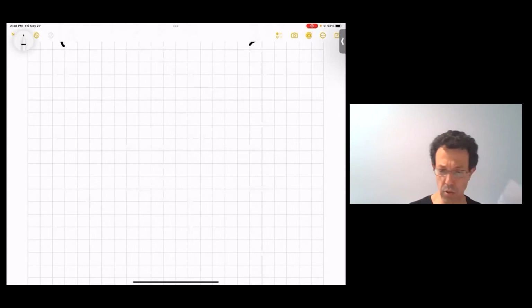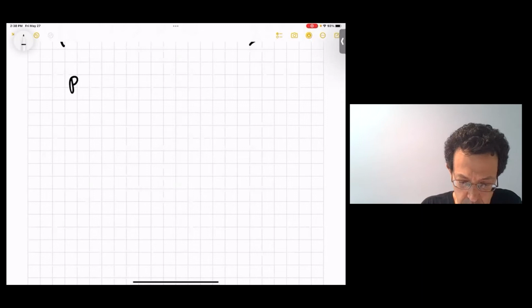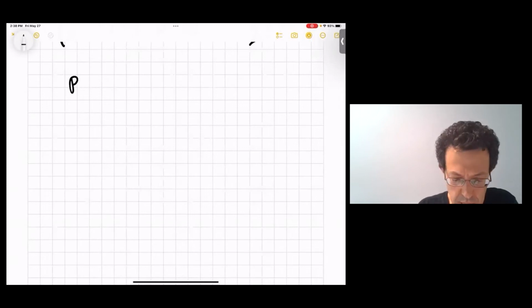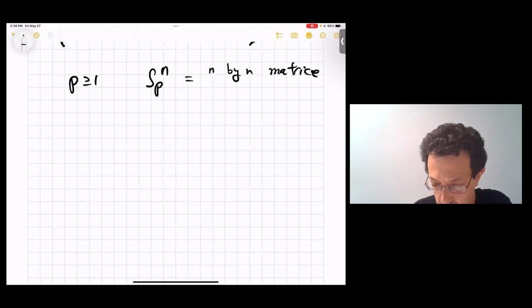take P and look at S_P^n. This is n by n matrices with the Schatten P norm.